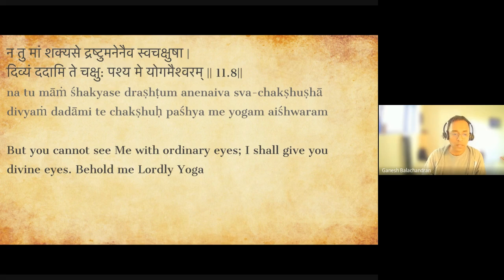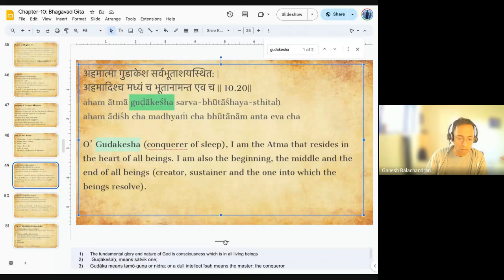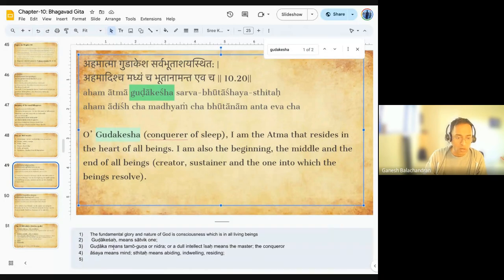Another meaning is the sattvic one, because sleep is considered tamasic, right? So Gudakesha means one who is sattvic, the conqueror of tamo guna or nidra, or you can say conqueror of sleep.